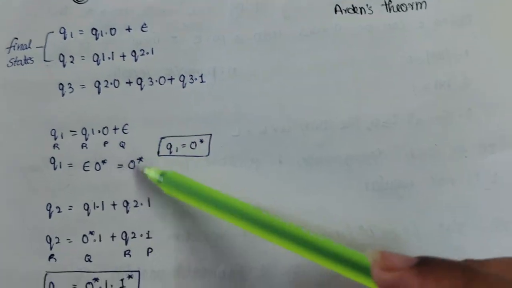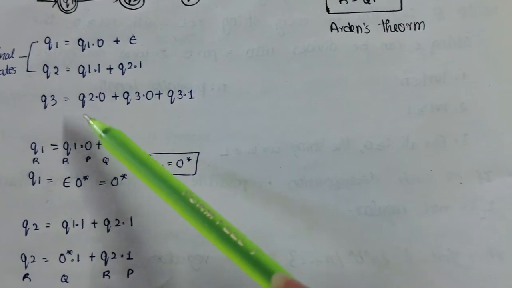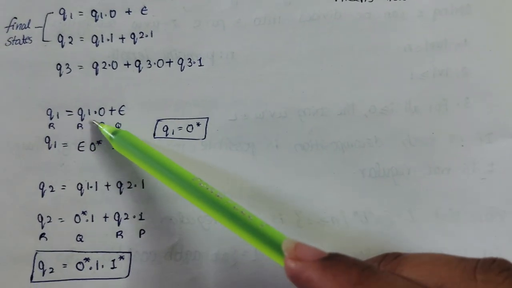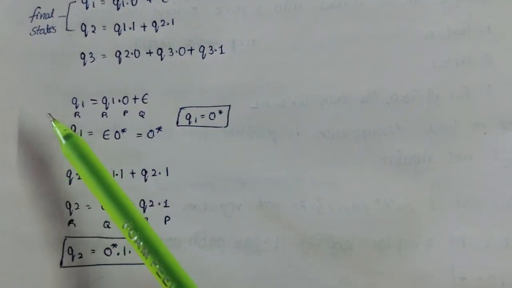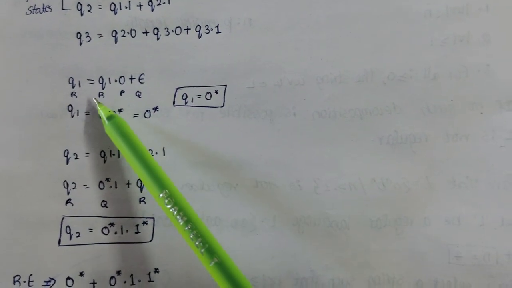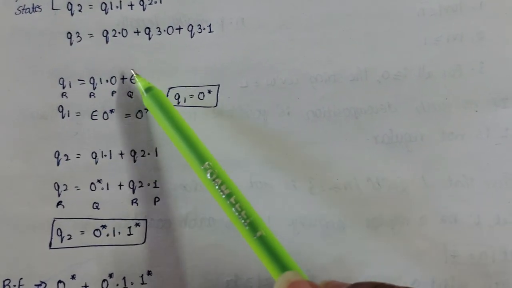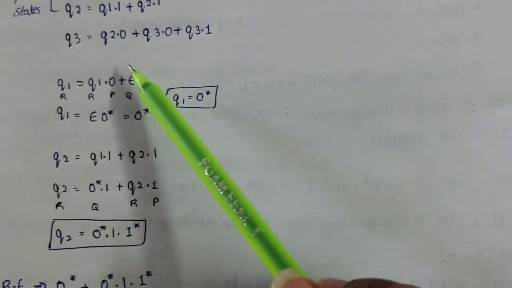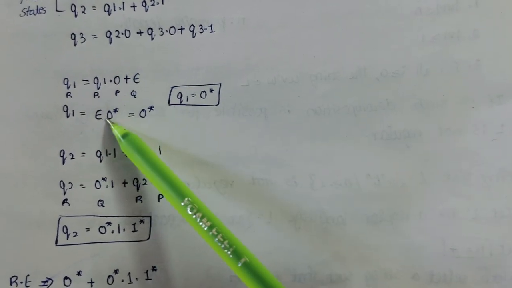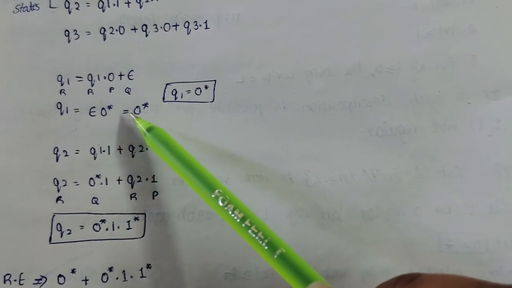Now let us first take Q1. Q1 = Q1.0 + epsilon. This is in the form R = RP + Q, so we write R = QP*, which is epsilon.0*. Epsilon into 0* is nothing but 0*.